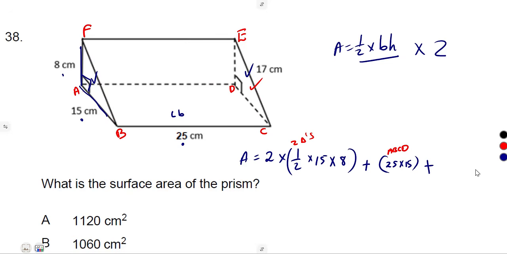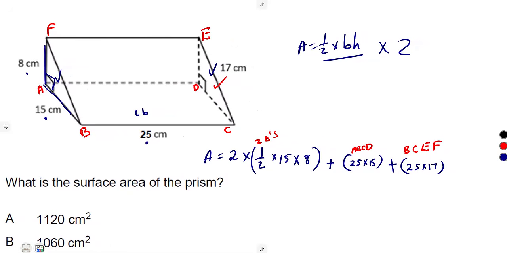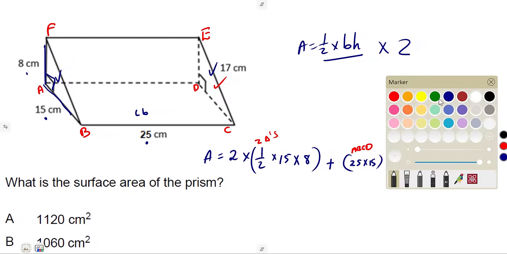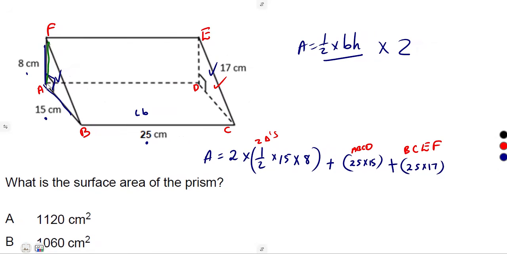Length times breadth again, from B to C to E to F. Length 25. The breadth, as we are going there, is 17. So that's 25 times 17. If you check, there's another one that is remaining behind there, the corner. This one. It's a rectangle also, which is made up of what?